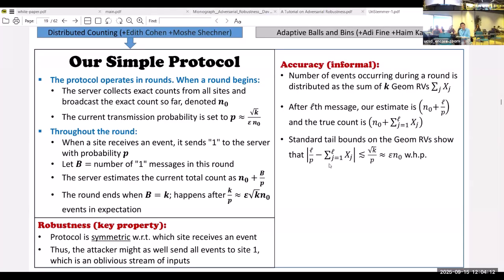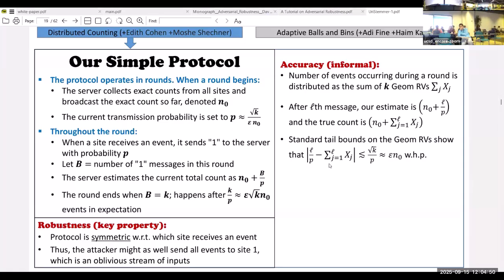So let's do it. How do we analyze roughly the accuracy of this protocol in the oblivious setting? So like we said, during the round, the server sees exactly k 1 messages. And if you think about it, how is the exact number of events during the round distributed? It's distributed exactly as the sum of k geometric random variables with parameter p. So at the end of the round, the count is B equals k, and the actual count of events is distributed as the sum of k geometric random variables.